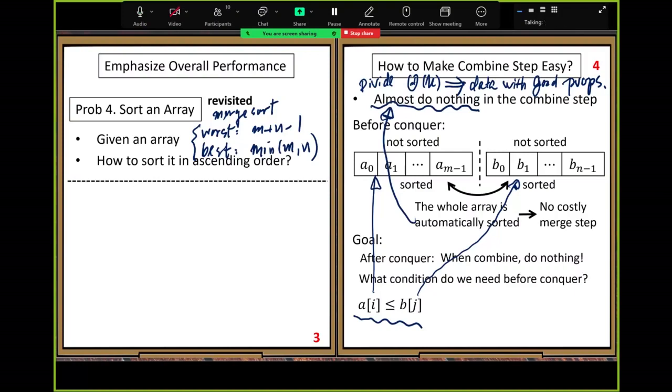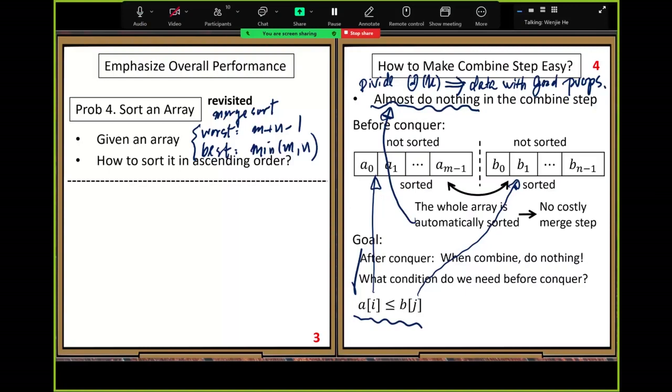So if you have this property, now think about it: if the A subarray is ordered and the B subarray is ordered, you put them together and the whole array is ordered, right? Without any comparison. Because the maximum element of the A subarray is less than or equal to the minimum of the B subarray. So you put them together, and all the elements are in place automatically.